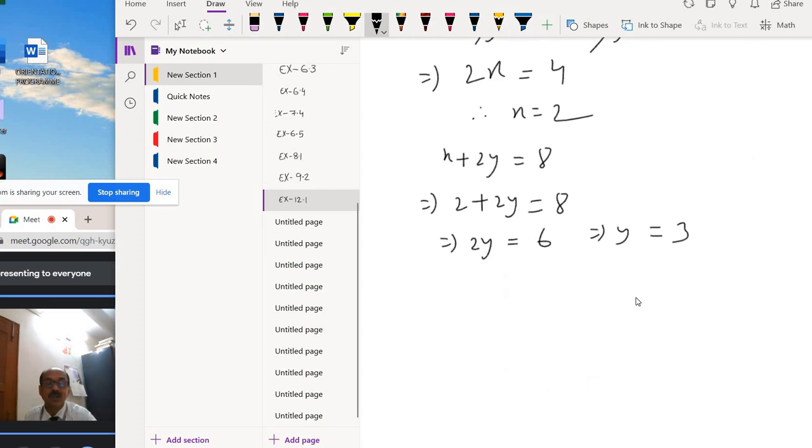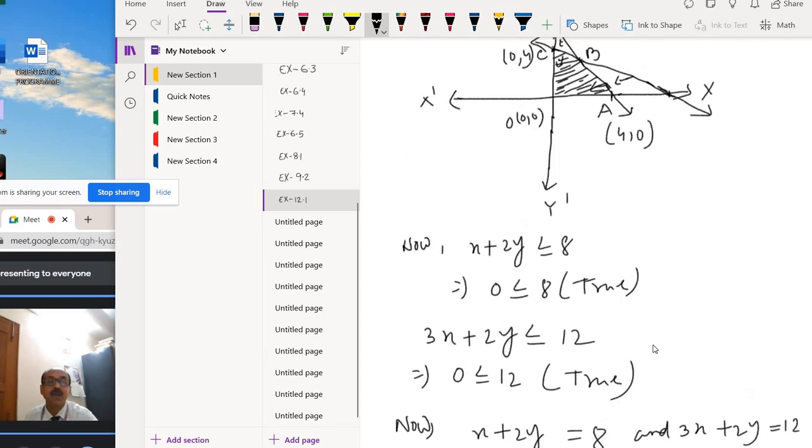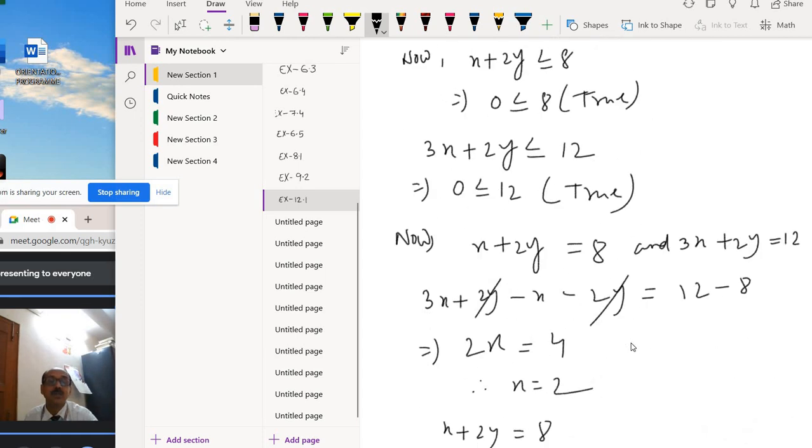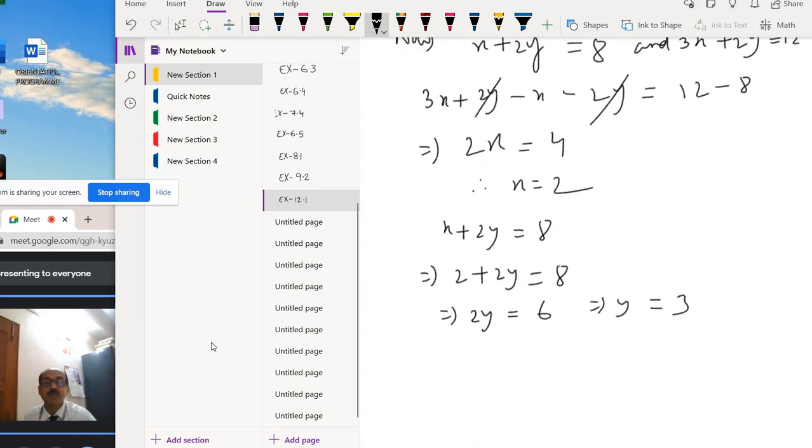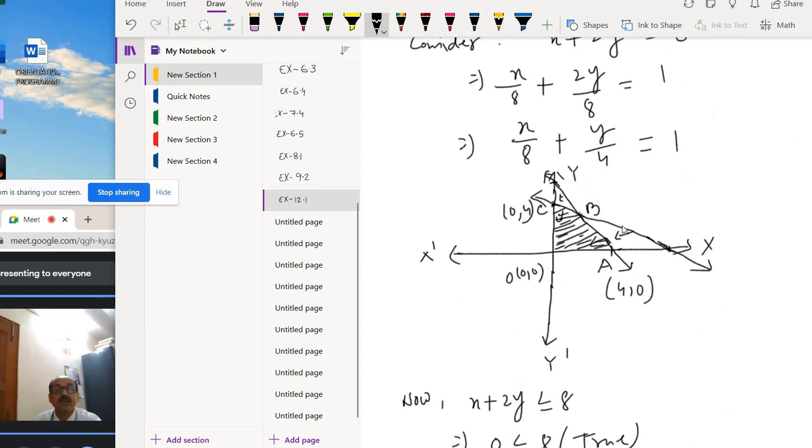So the point is 2, 3. And it is the B point. Therefore the coordinate of B is 2, 3. This point is 2, 3.